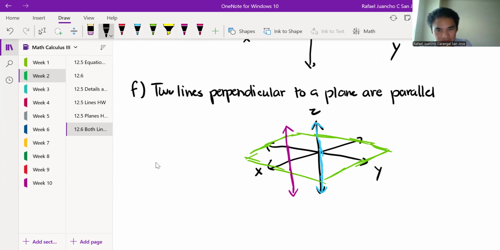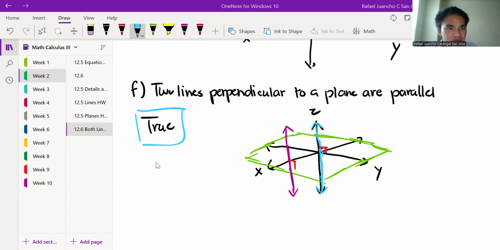Hopefully. These two lines are perpendicular to this plane, right? I could get their 90-degree angle here. But are they parallel? Probably. So I'm gonna say true. But I'm not super confident though.